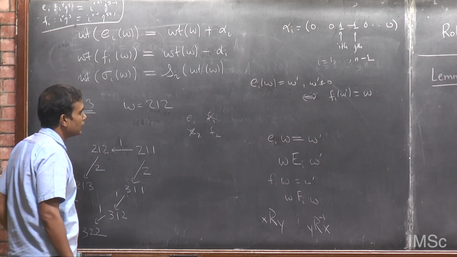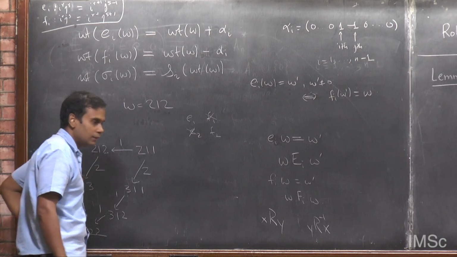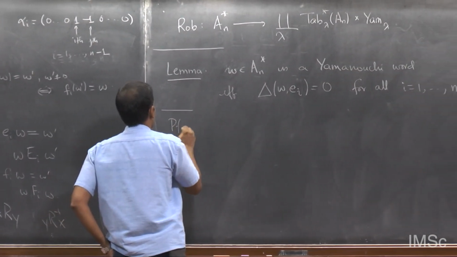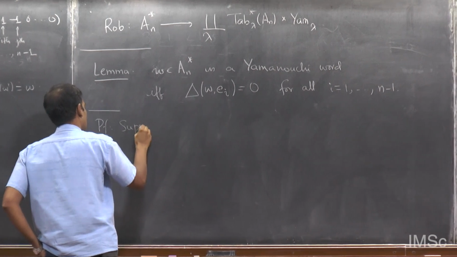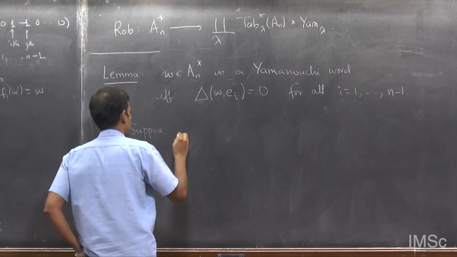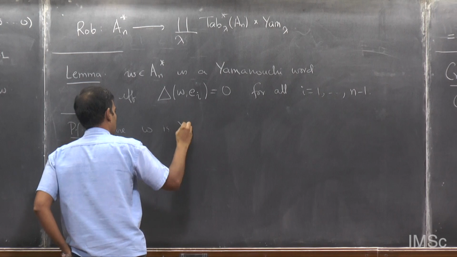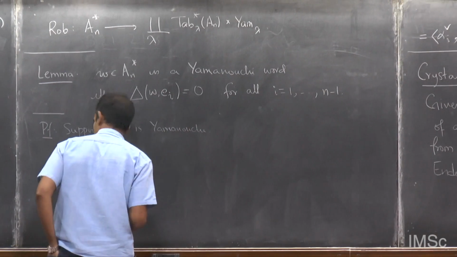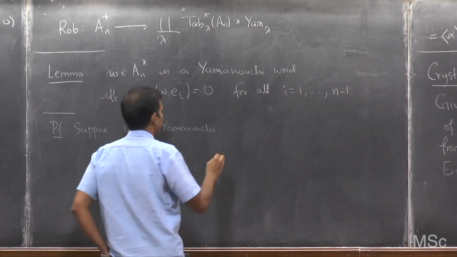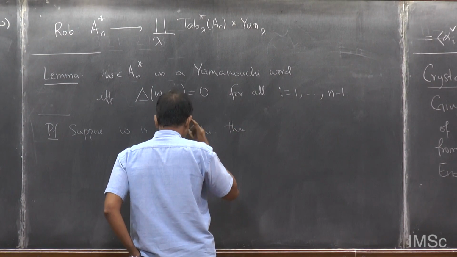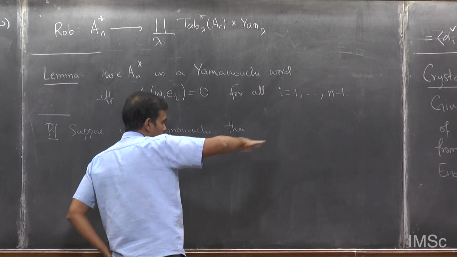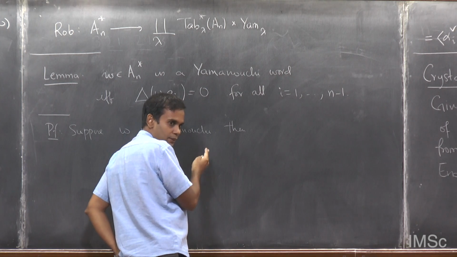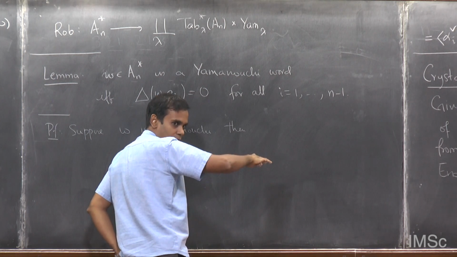When you say that a word is Yamanouchi, then what you have is that for every suffix of this word, that means you cut the word somewhere and look at everything to the right, that's called a suffix.